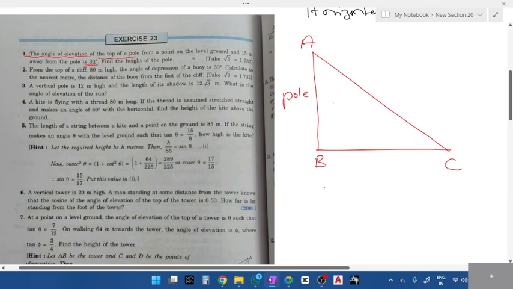They've given the point on the ground level and 15 meters away from the pole. So, how far is this elevation from the pole? 15 meters. The pole is AB, the elevation here is 30 degrees, and the distance between them is 15 meters.